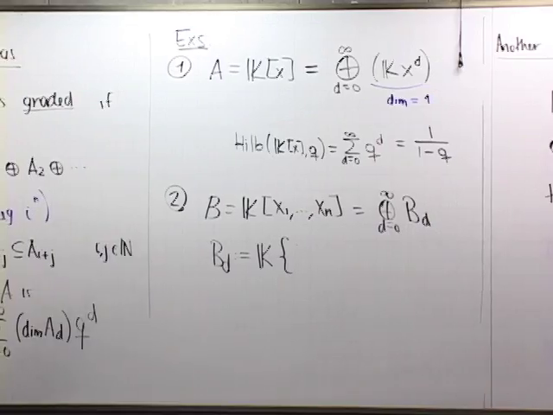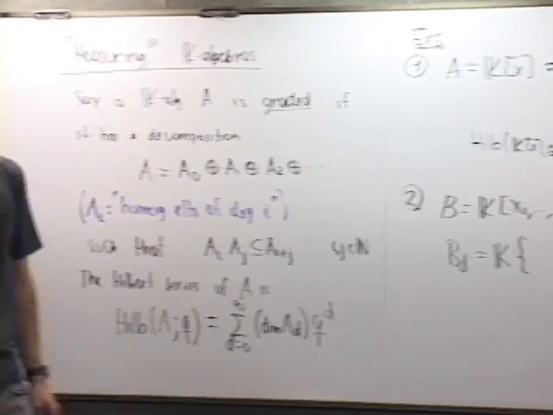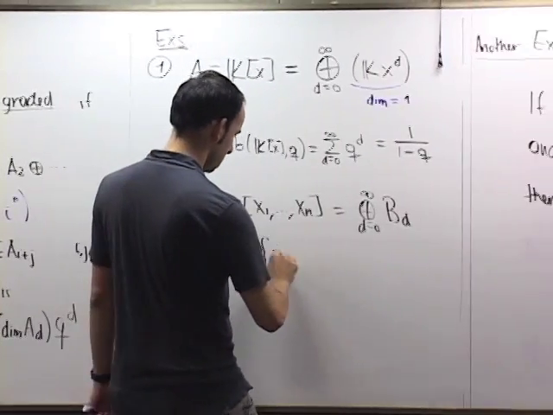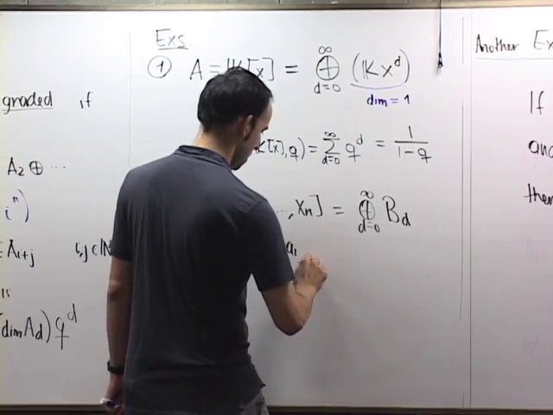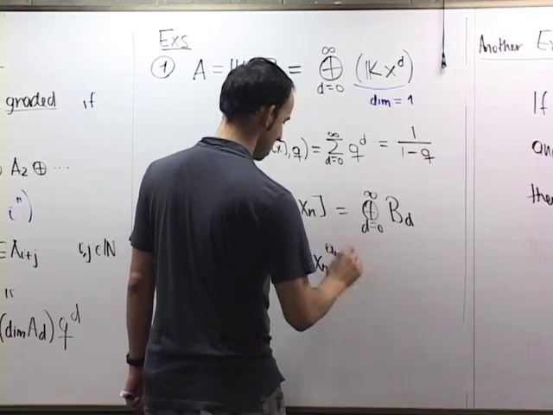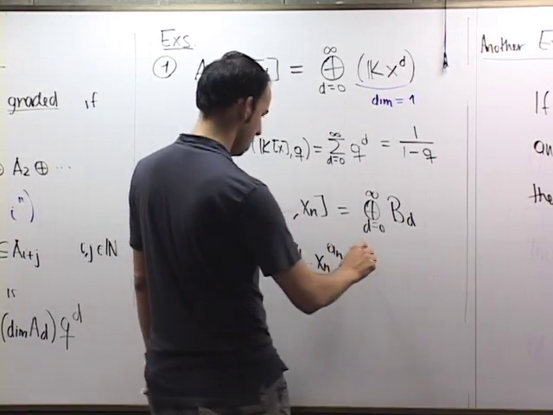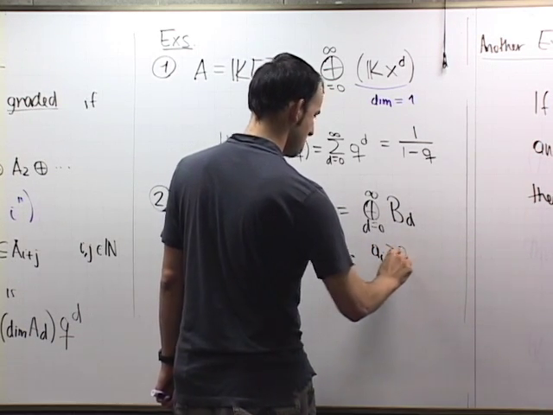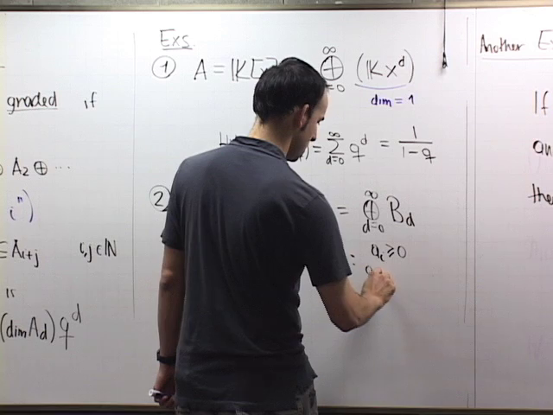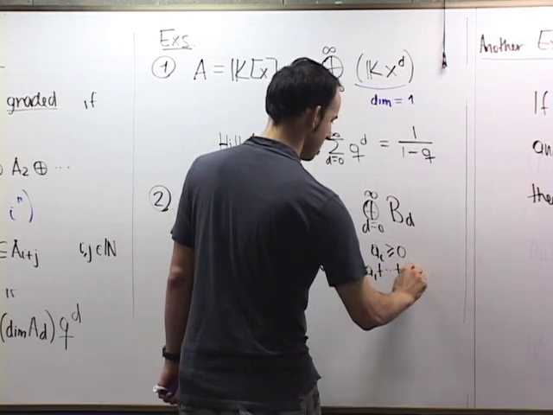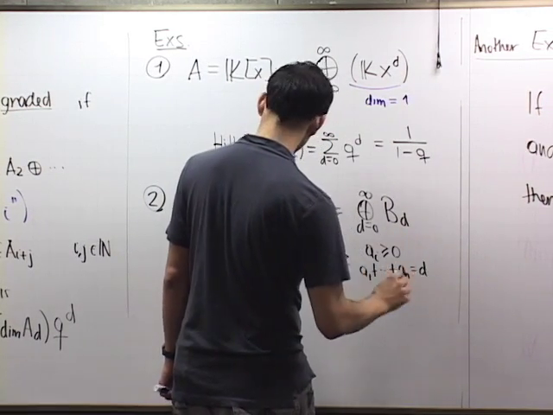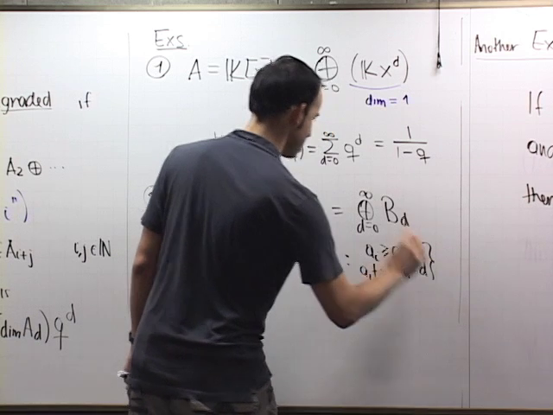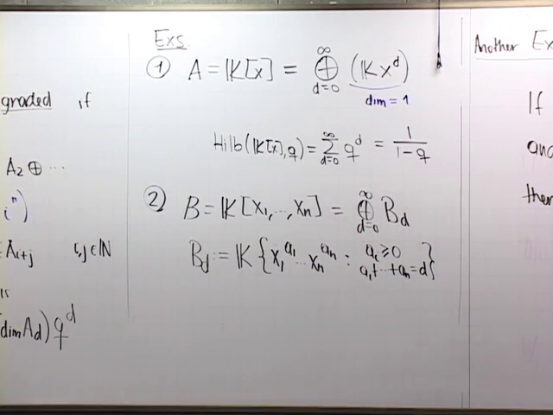It's the span of the monomials of degree d, right? So x1 to the a1 up to xn to the an, such that all of the ai's are greater than or equal to 0, and they sum to d.